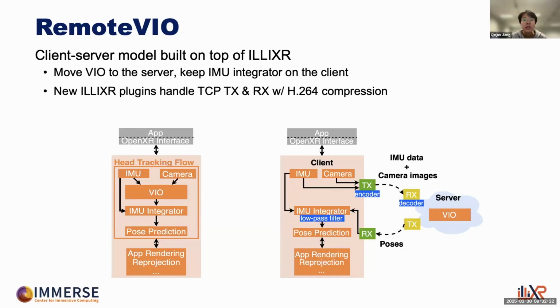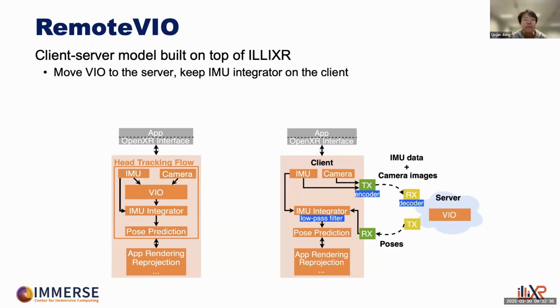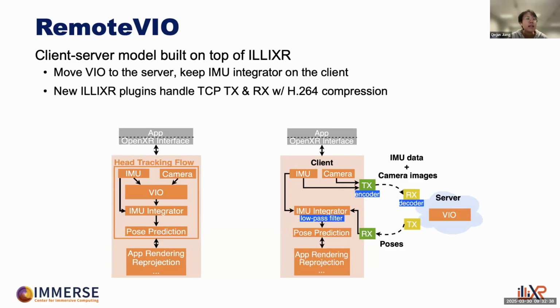Meanwhile, we keep the IMU integrator on the client to keep supplying poses to the downstream system. Exploiting ILLIXR's highly modular structure, we implemented new ILLIXR plugins to handle TCP transmission and reception, and also H.264 encoding and decoding of the camera images. And finally, we also applied a low-pass filter on the client side to smooth out jitters caused by the accumulated errors in the IMU integrator.